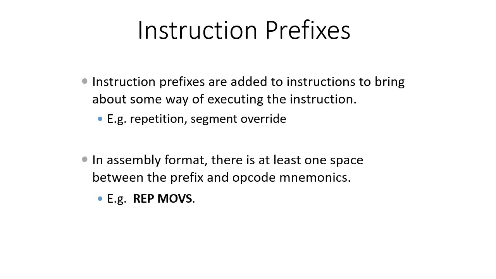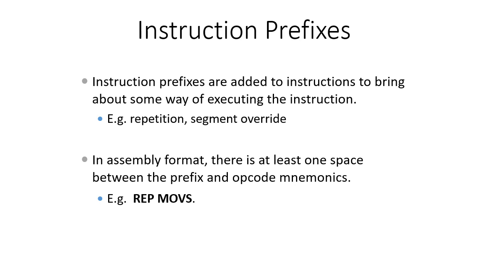Instruction prefixes are codes that are added before the instruction to make the instruction execute in a certain manner. For example, the repeat prefix makes the instruction be executed a number of times. A second example is the segment override prefix. This prefix makes the instruction use a different segment from the default segment.